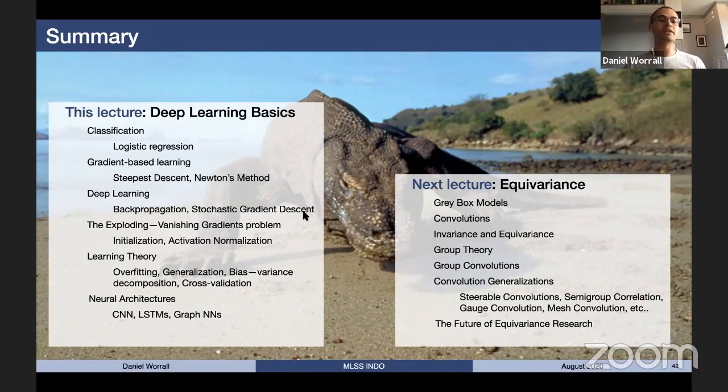Those are very important things to know. And this exploding vanishing gradient problem seems to occur again and again and again. So I think if you understood those parts to some degree, you've learned a lot of the fundamentals of deep learning. Things about overfitting, generalization, bias, these are things you will encounter every day. So I think if you don't understand that now, definitely invest some time learning about it later.